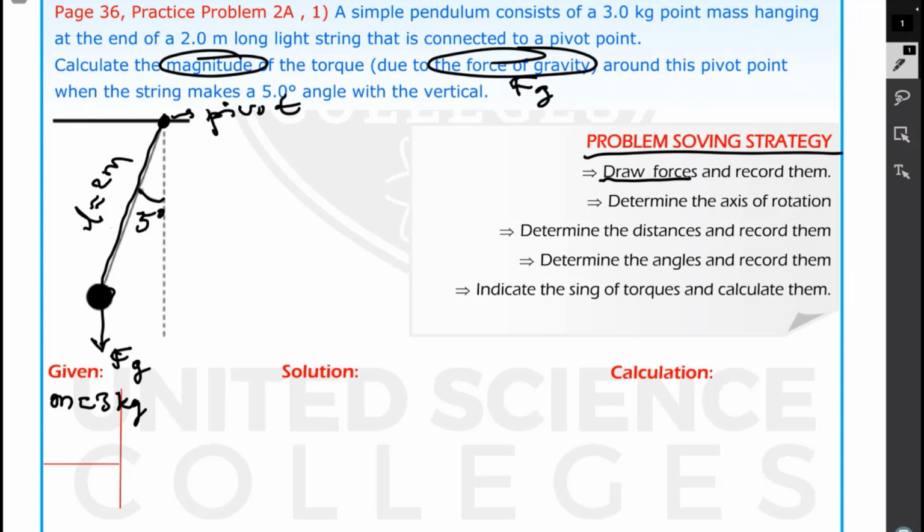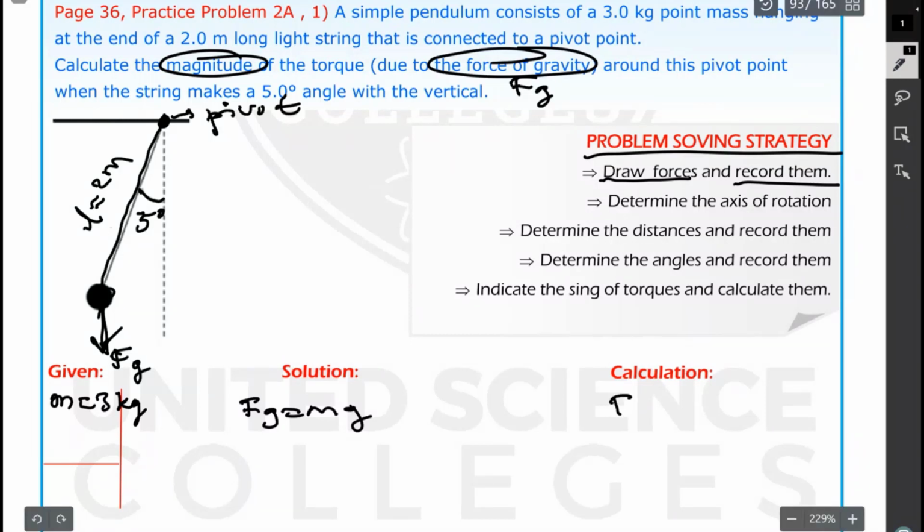Because the question asks for the torque only because of the force of gravity, I only care about Fg. So I draw the forces and record them. Calculate Fg: if you know the mass, you can calculate Fg, which is mass times free fall acceleration, m times g.